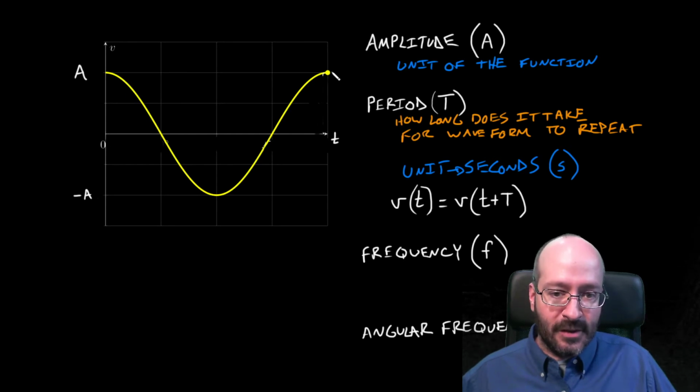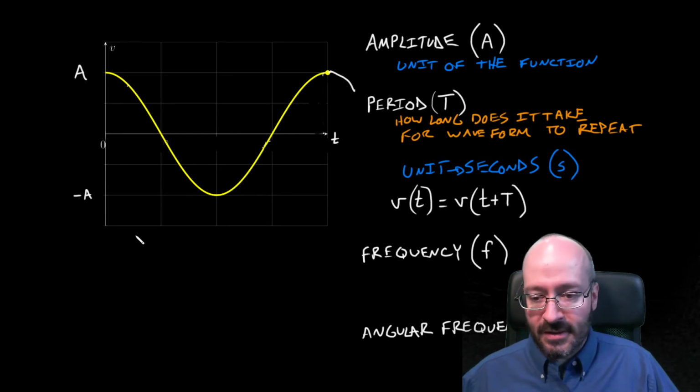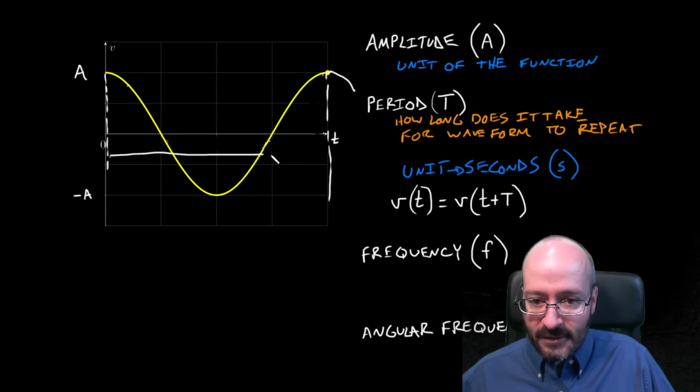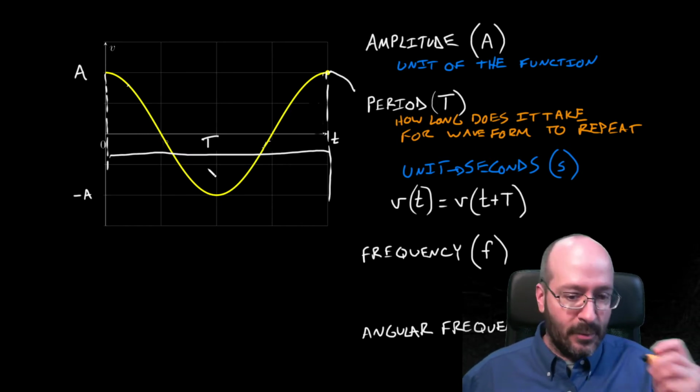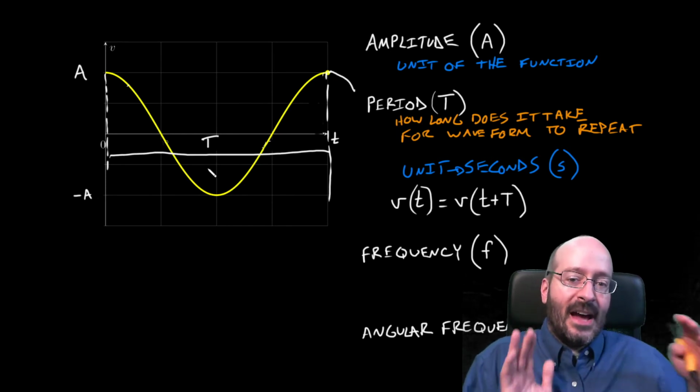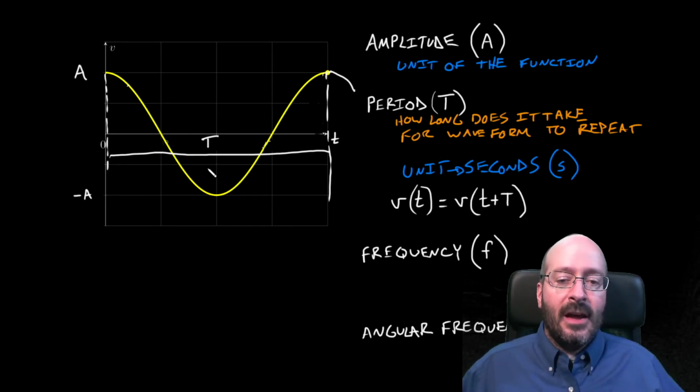If it were to continue down, from here to here it's going to be the same. We think of that time as the period of this waveform. This distance we call capital T, the period, and we measure it in seconds. That's the amount of time it takes for the waveform to repeat.